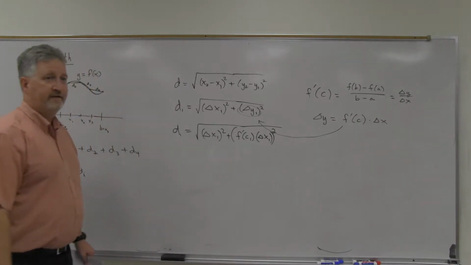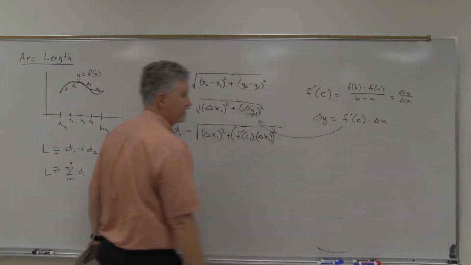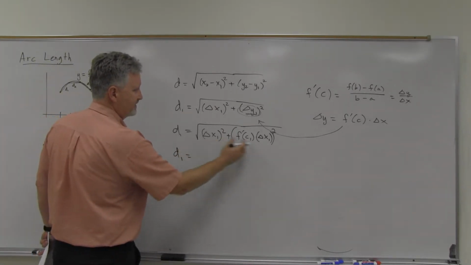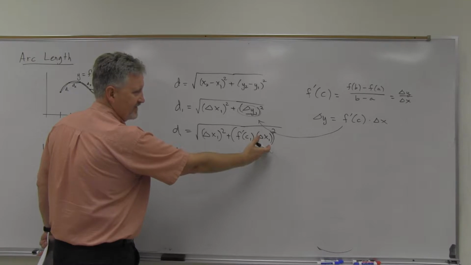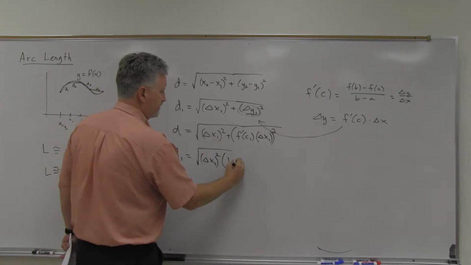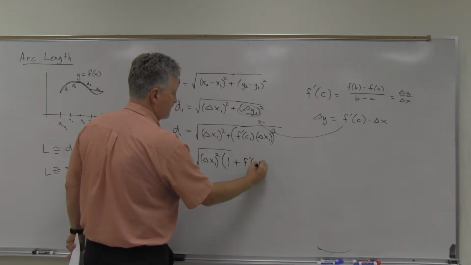If I do that replacement, I replace delta y by f prime c delta x from the mean value theorem. Do you notice what we've got here? We've got a common factor of delta x1 for d1. So let's factor that off, and that's 1 plus f prime of c1 squared.